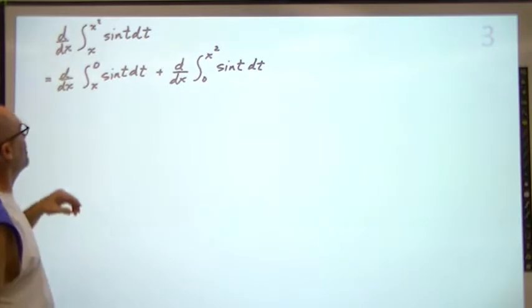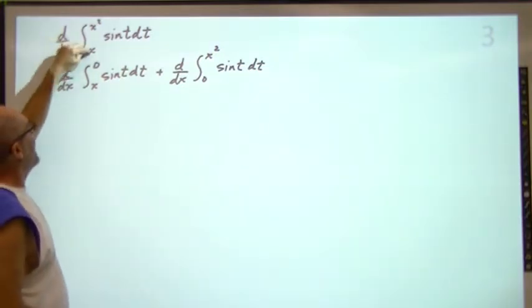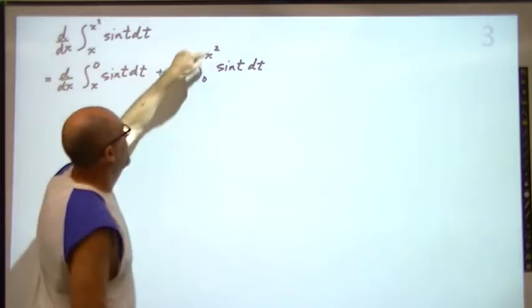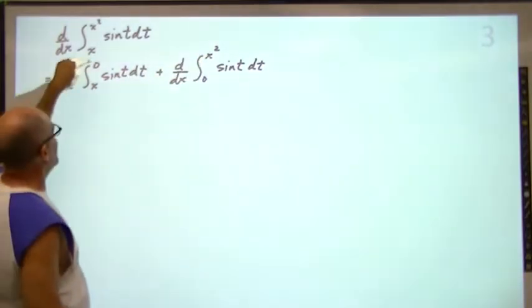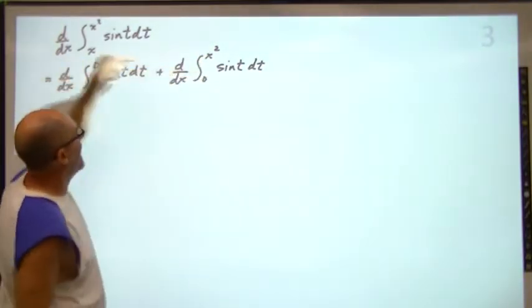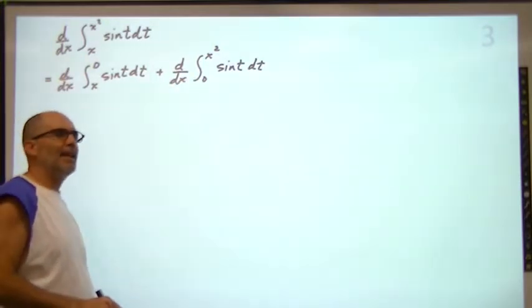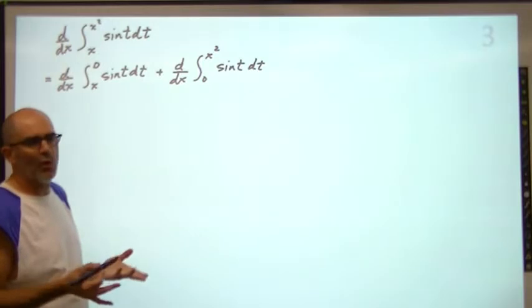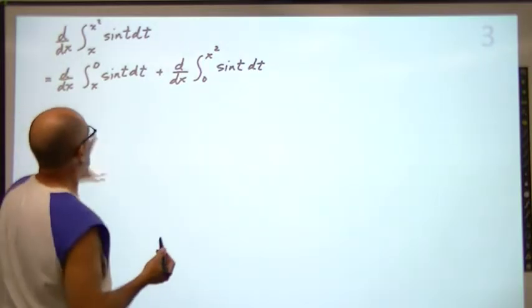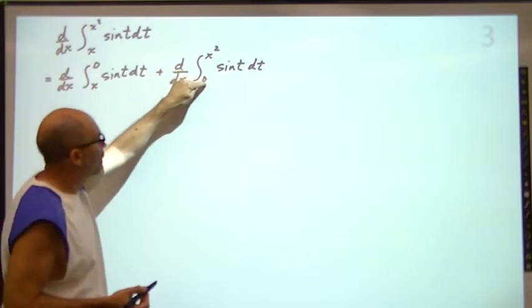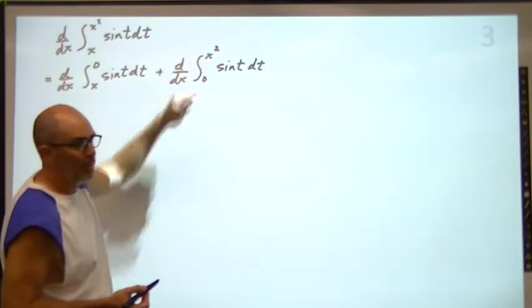Notice what I did here. Instead of going x to x squared, I'm just going x to 0 and then 0 to x squared. Now, the only thing you have to keep in mind is both of these have to be constants, and I like just making them 0. It makes it simpler. So now, once again, we want constant on the bottom, variable on the top.